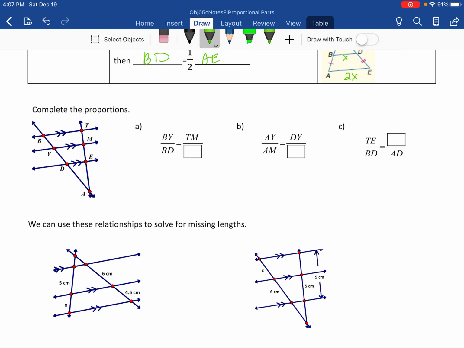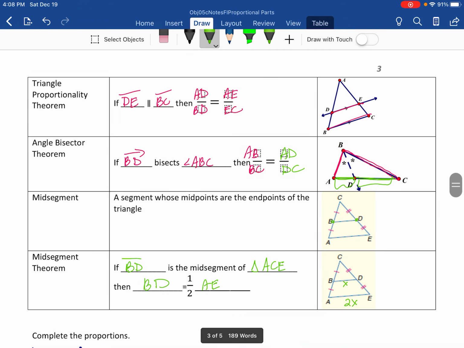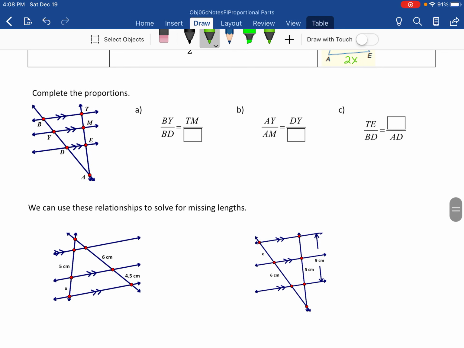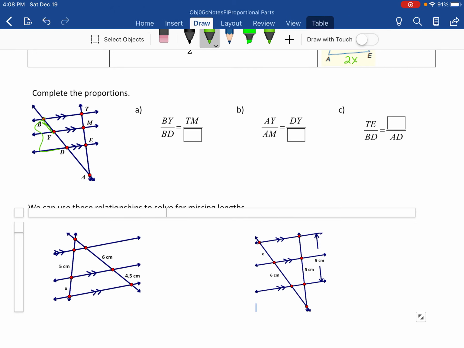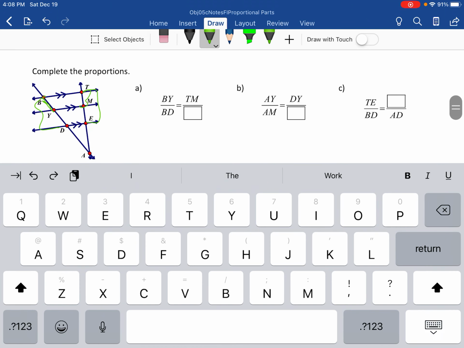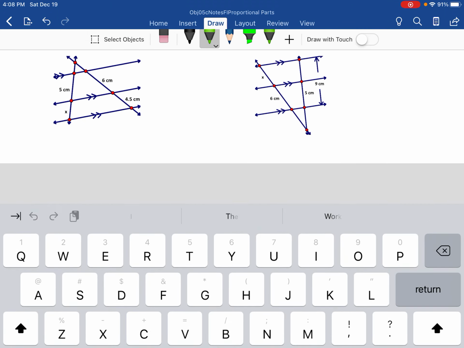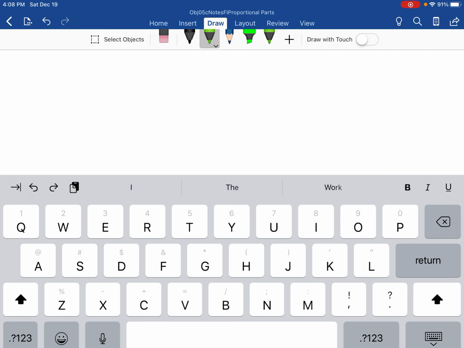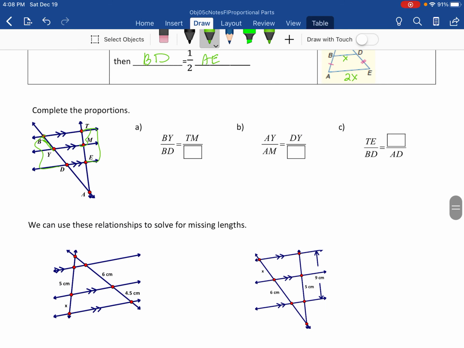So let's go through and practice this. First is dealing with the triangle proportionality theorem. It says BY over BD is going to be equal to TM over the corresponding part, TE.